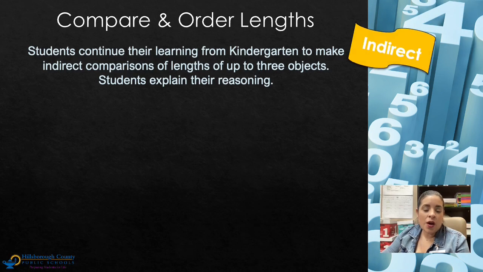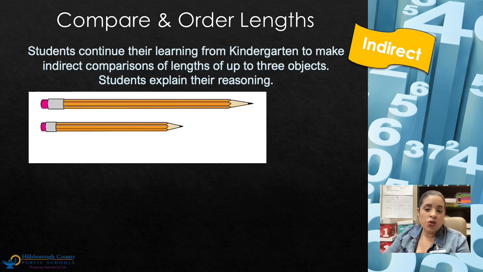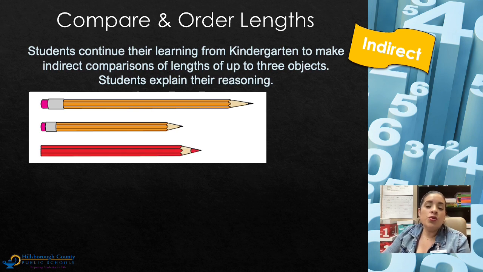So now let's take a look at what that indirect comparison might look like. Last year in kindergarten, students were able to look at 2 pencils and say, the pencil on the bottom is shorter than the pencil on top. Now they'll use 3 objects to compare by saying, the pencil in the middle is the shortest compared to the pencil on the top and the red pencil.